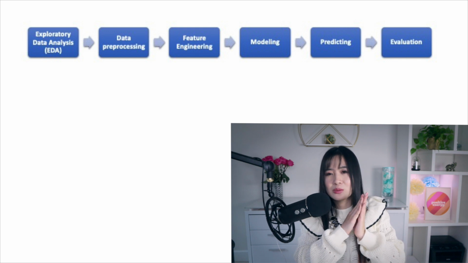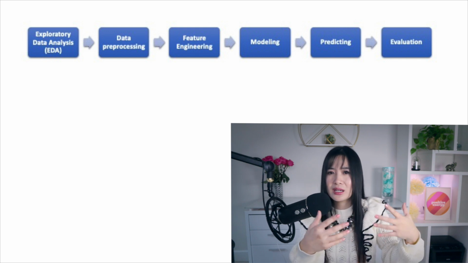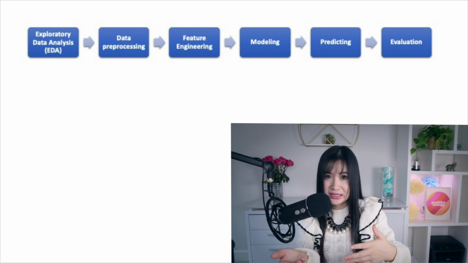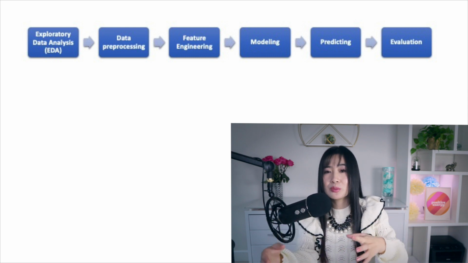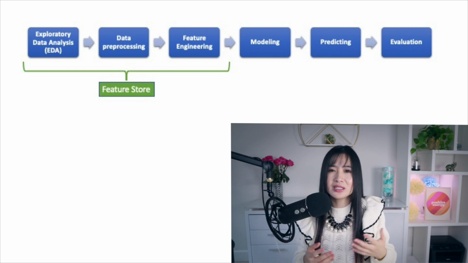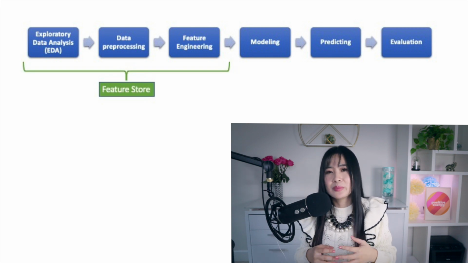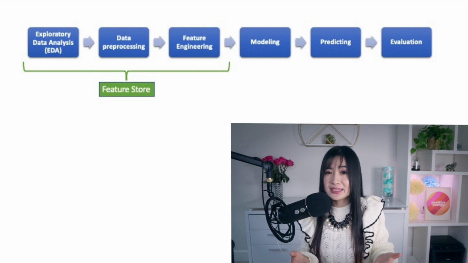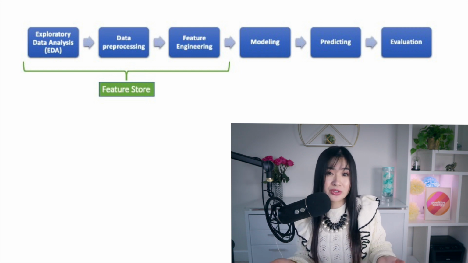After EDA, we have a rough idea of what we are working on. We can then start data pre-processing and feature engineering to prepare for the modeling. Right now, a lot of companies are building feature stores because there are more and more machine learning models every day. People have realized that many models have been using similar features.